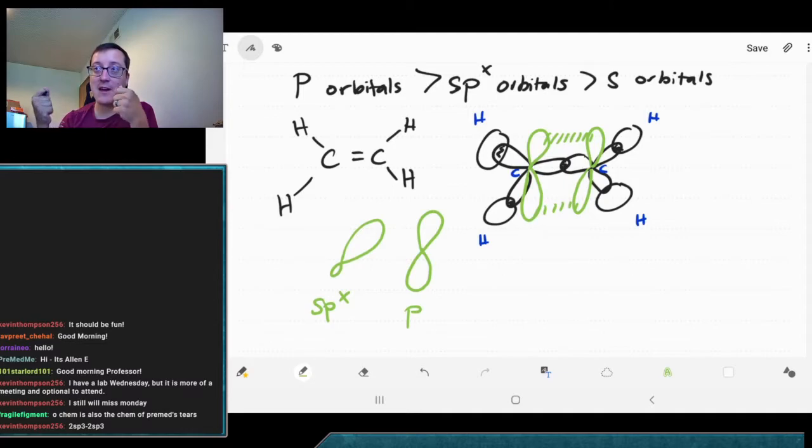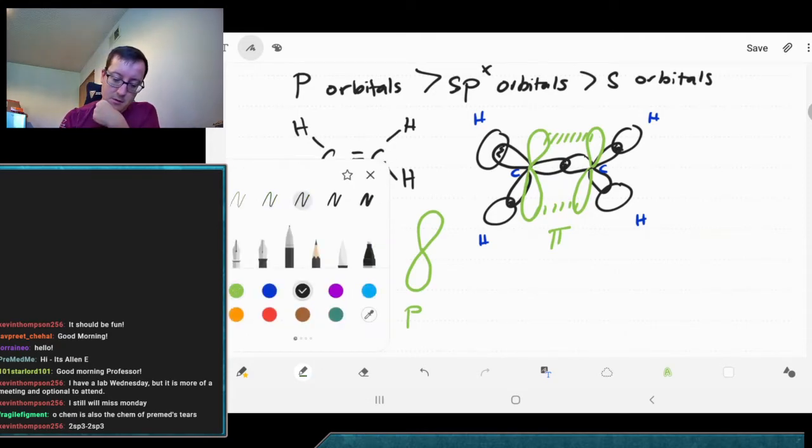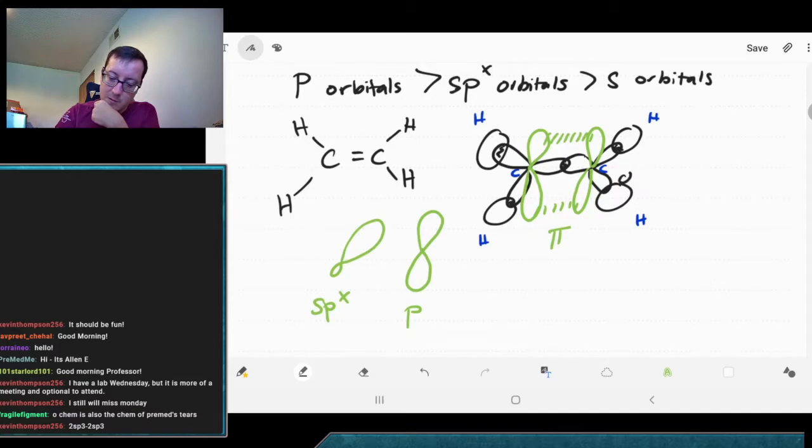A sigma bond, you have actual overlap. Pi bond, you have this they're close together idea, and they can share in between that space, but they're not directly overlapping. And so this green thing here is going to be our pi bond. And all those other, in this case black, those were all sigma bonds that are in between all those atoms.